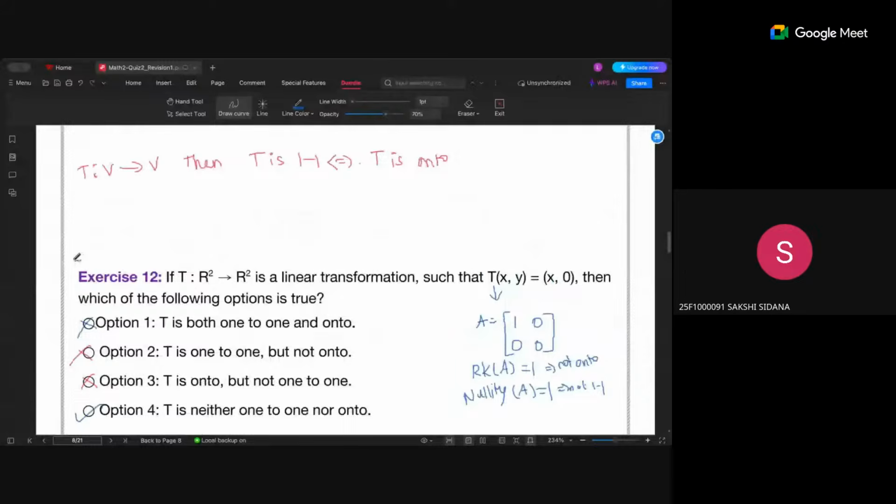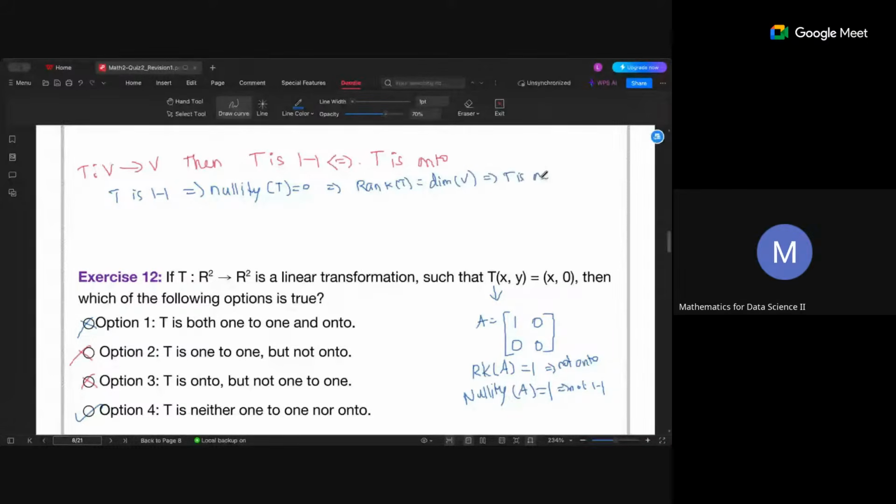See, if T is one-to-one, what do you know? Nullity is 0. If nullity is 0, then according to rank-nullity, rank of T equals the dimension of V. Since the domain and codomain are the same, this means that T is onto.